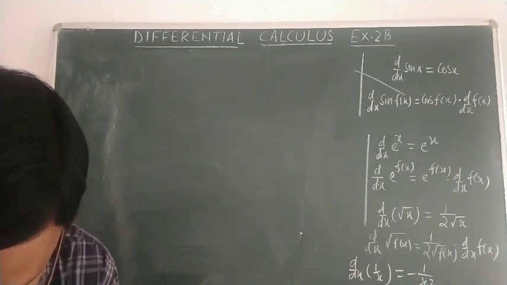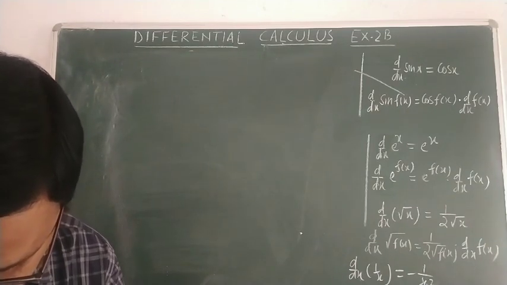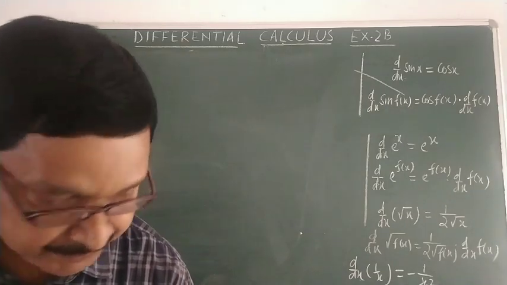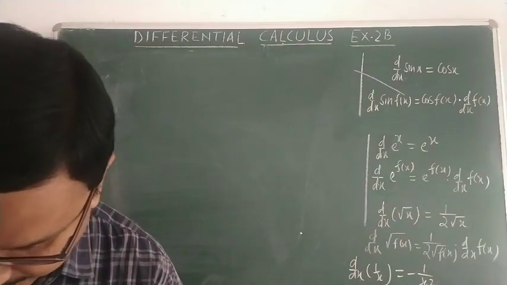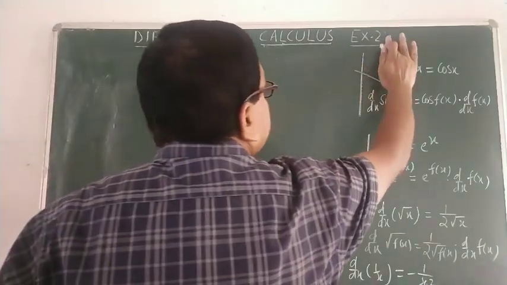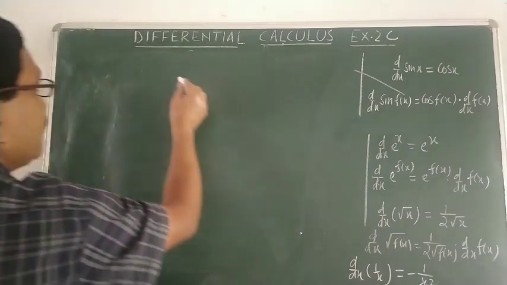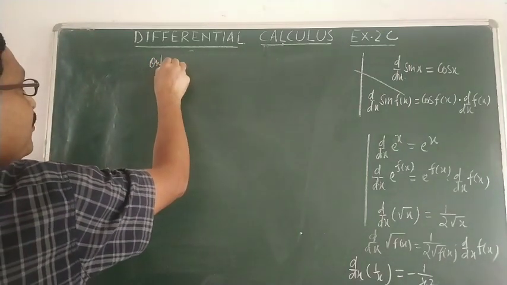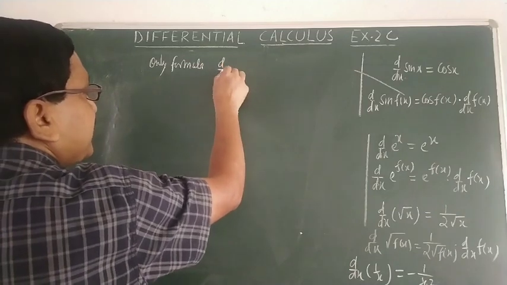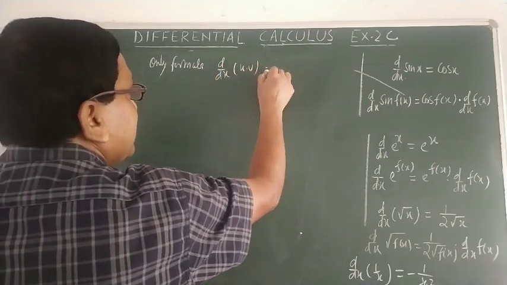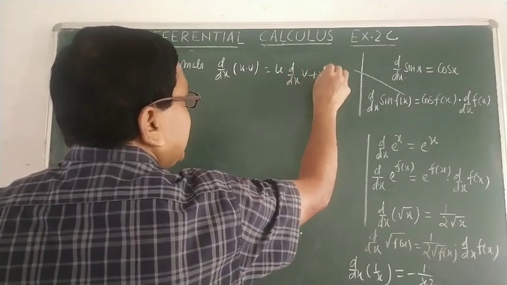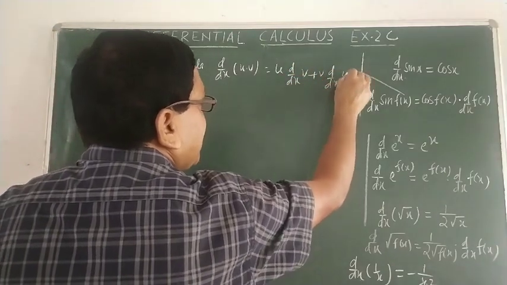And all other questions I have discussed already, no need to discuss more questions from this 2B exercise. Now coming to exercise 2C, where only one formula, d by dx of u into v equals u d by dx of v plus v d by dx of u, is needed.